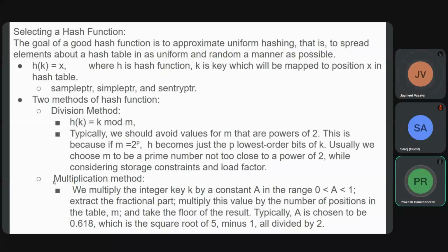In the division method, you depended on m, so you have to define m properly. Here you don't have to worry about m. Whatever number you want, you can put in m, because this is constant. Because your a is less than 1, your loading factor is less than 1.